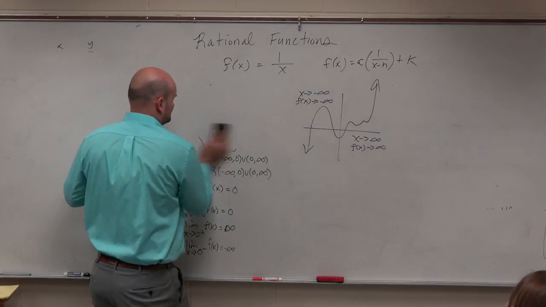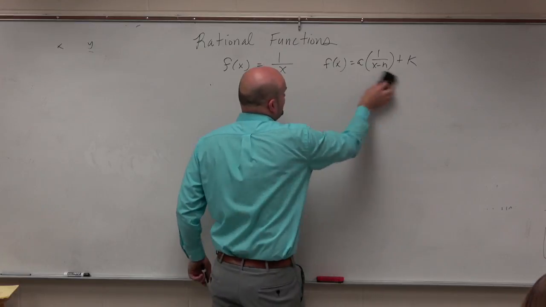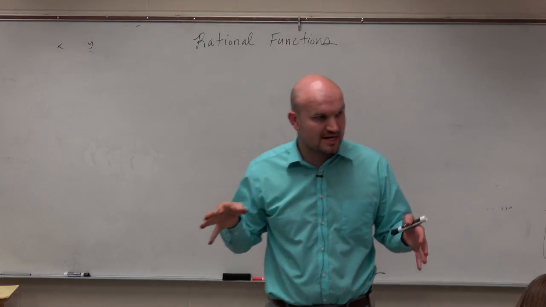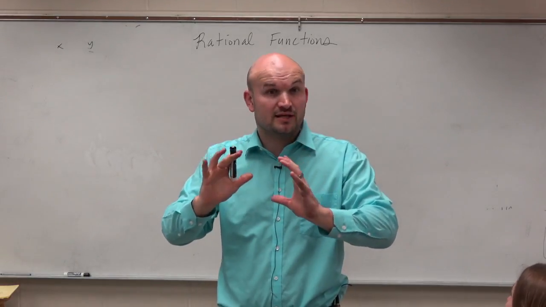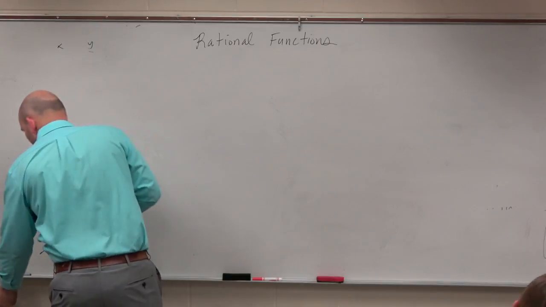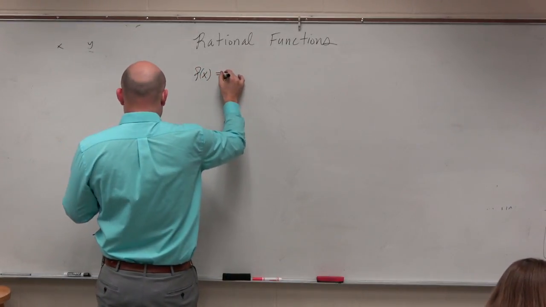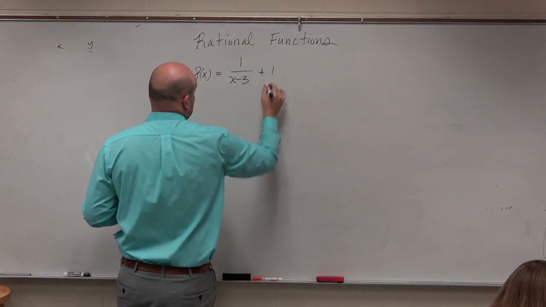Let's do our first example. The questions I'm going to ask you are the exact same questions I want you to do in your homework. When I assign homework problems, I don't care what the directions are in the homework; I just want you to do exactly what we're covering. Your first example is f of x equals 1 over x minus 3, plus 1.